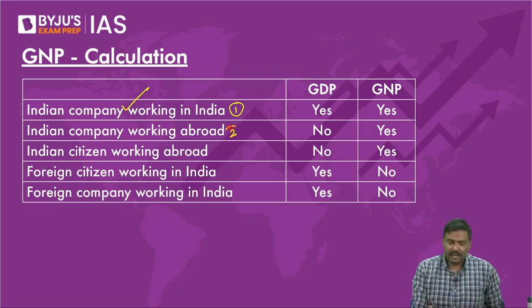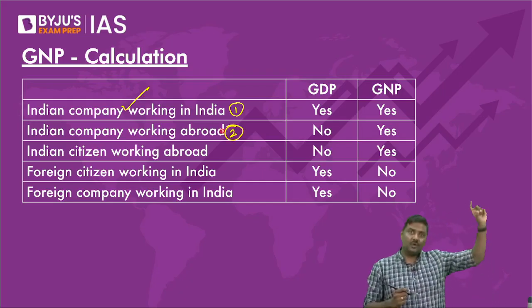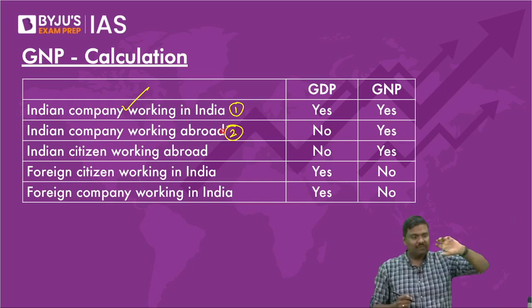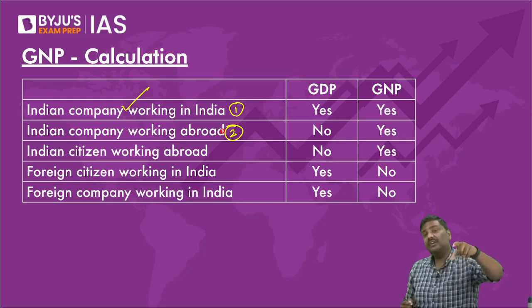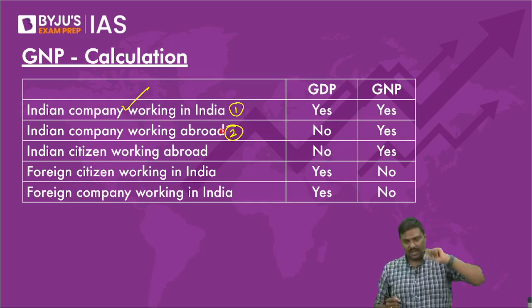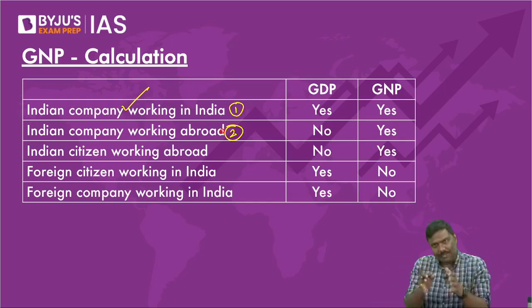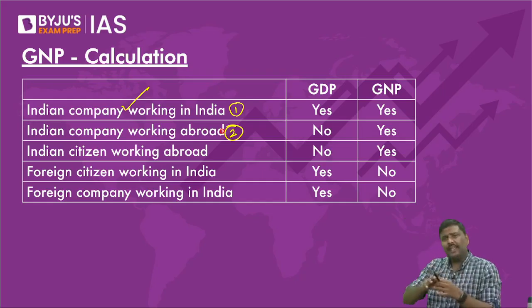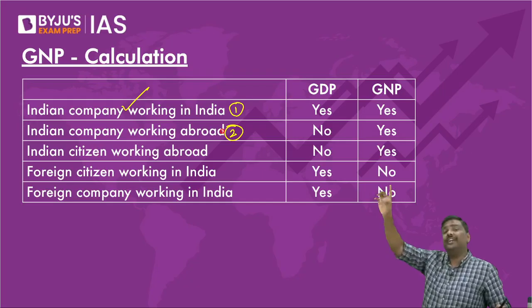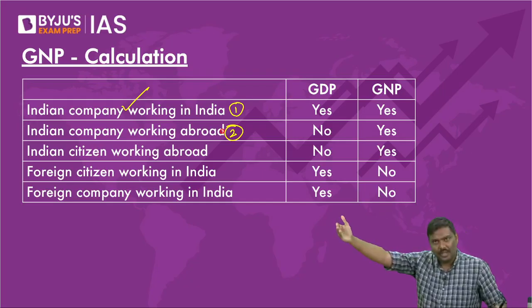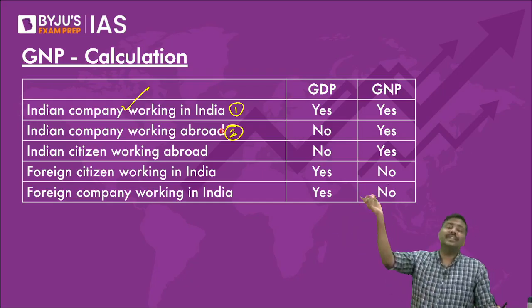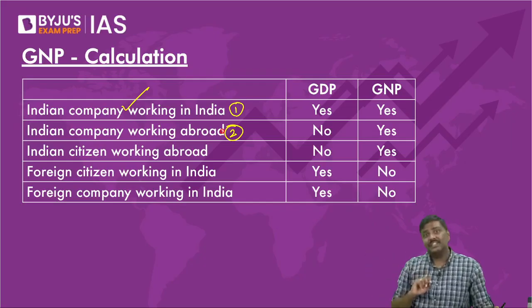Second one, an Indian company which is working outside India, they have produced goods, they have earned profits. Now, should I be counting that profit as a part of India's GDP?